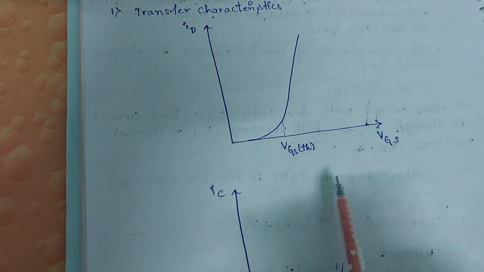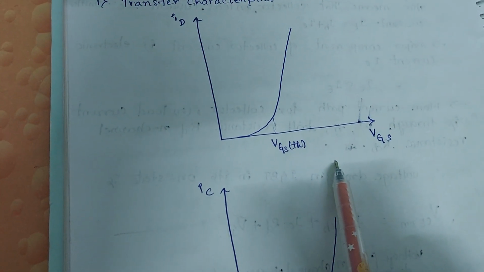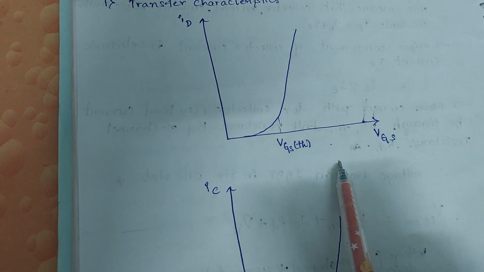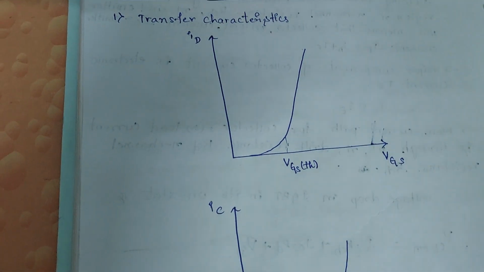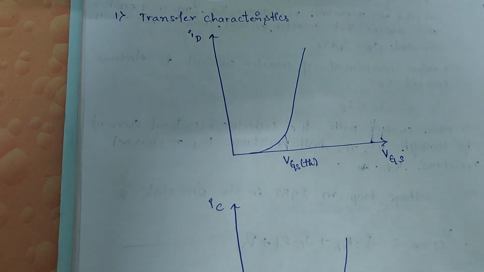and the IGBT operates in the off state, and the device should be able to hold the supply voltage VDD during the off state.